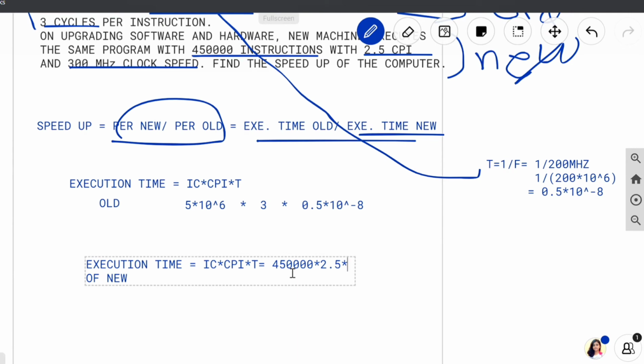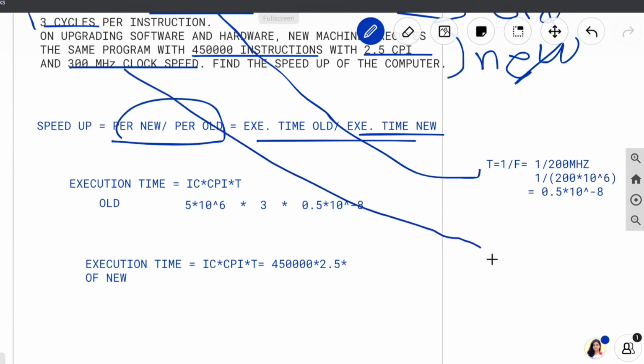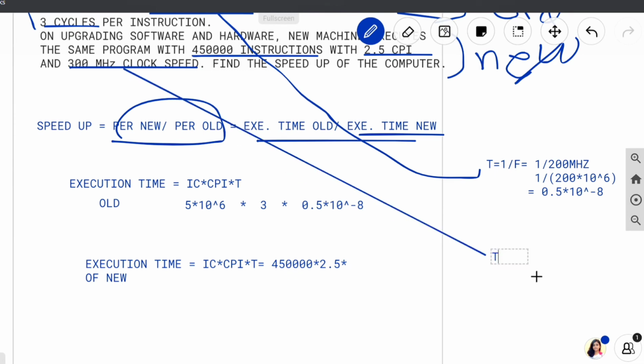Then the frequency is 300 megahertz. So calculating the time from here, time is equal to 1 divided by frequency, which is 1 divided by 300 megahertz.